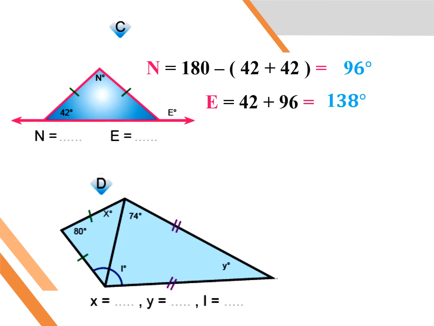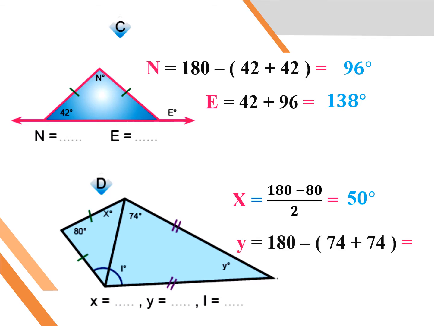Okay, number D. I have two triangles here. What about the symbol x? I found x by using (180 minus 80) divided by 2, which is equal to 50 degrees. What about y in this triangle? How do we find y? By using 180 minus (74 plus 74), because this triangle is isosceles, which is equal to 32 degrees.